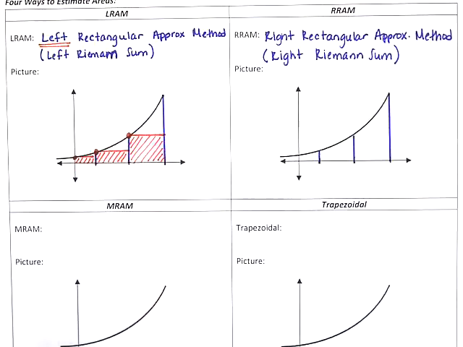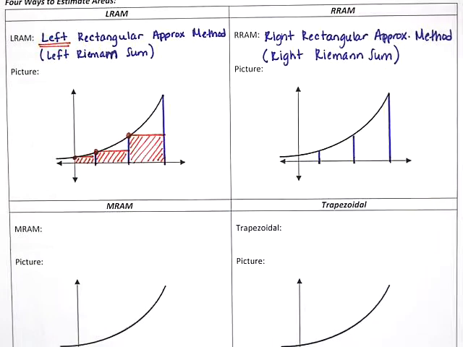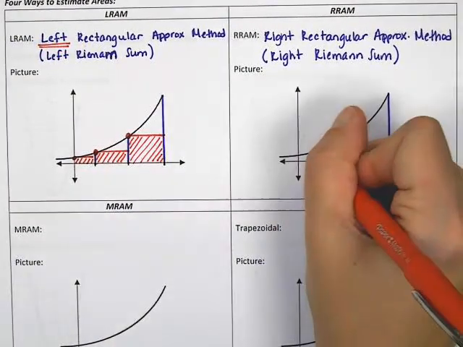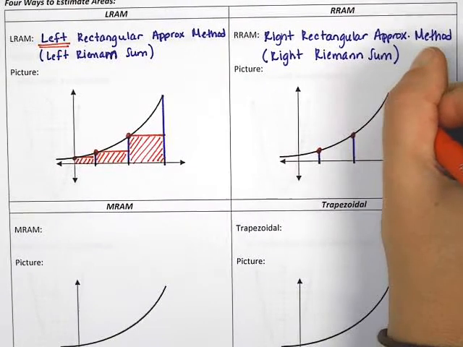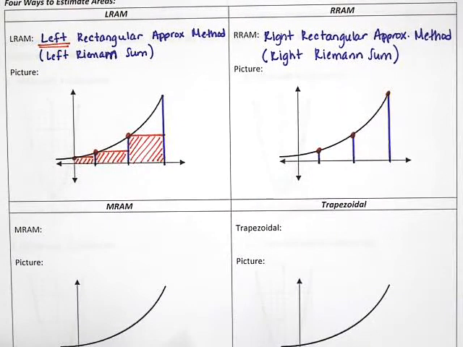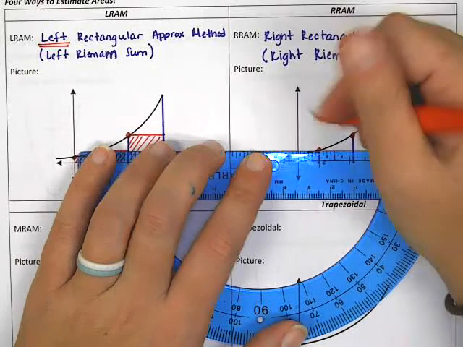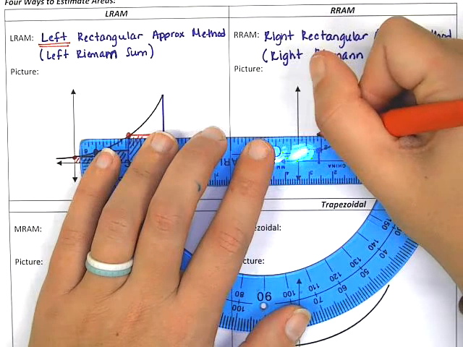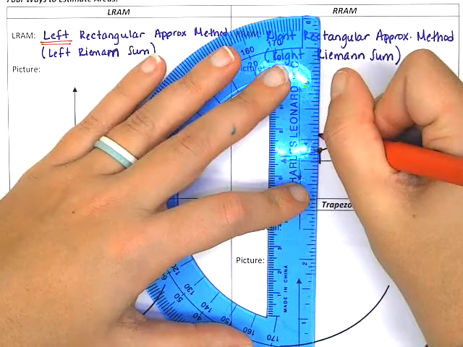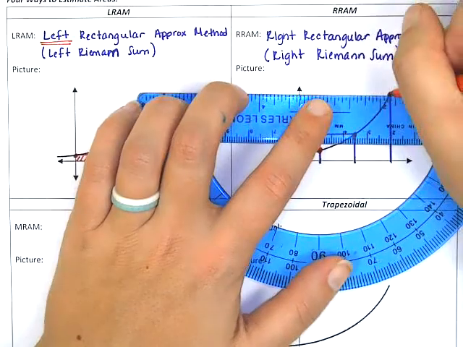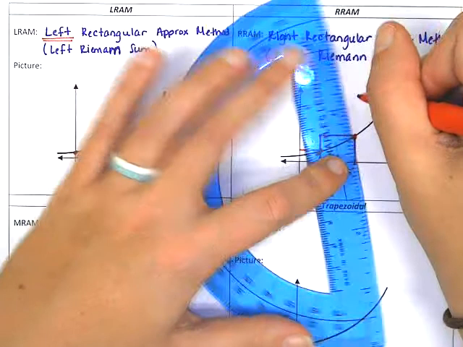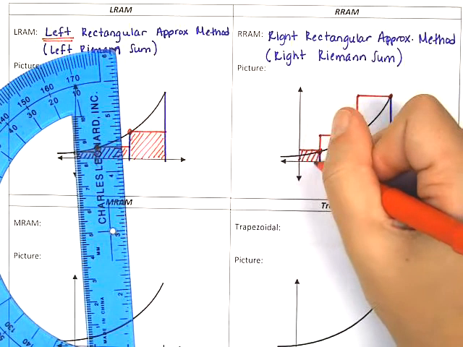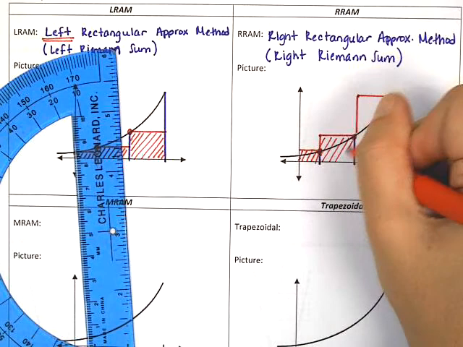But instead of choosing the left side of each section to make the height, we're going to choose the right side. So from 0 to 1, the right side would be at 1. So my rectangle would be this height. Then from 1 to 2, my rectangle would be this height. And then from 2 to 3, my rectangle would be this height. So my rectangles this time would look like this.